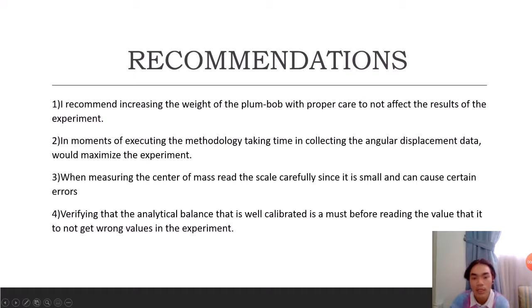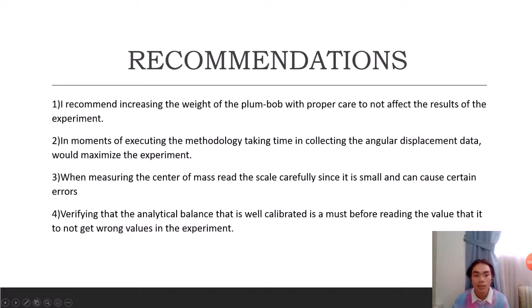So these are the recommendations on how to get more accurate results. First, I recommend increasing the weight of the plumb bob with proper care to not affect the results of the experiment. I also would recommend to take time in executing the methodology so that it would maximize the experiment's potential.